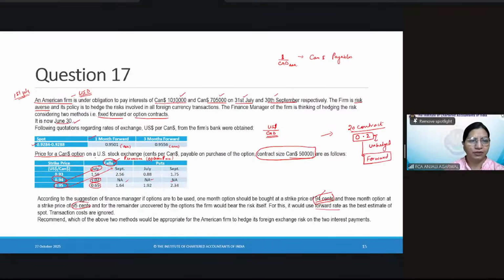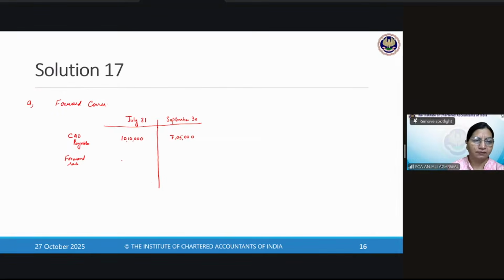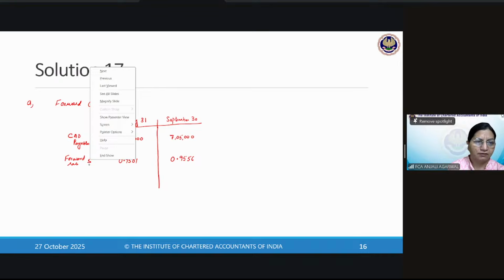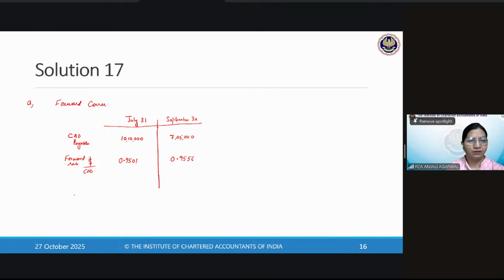One month 0.9501, 3 months 0.955. The rates given are dollar by Canadian dollar. That is what we are looking for.